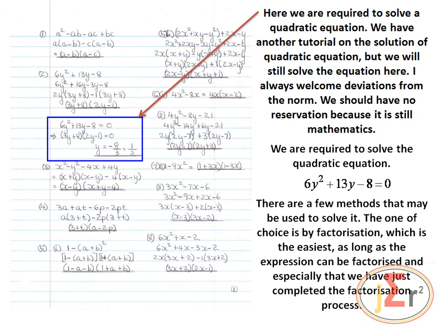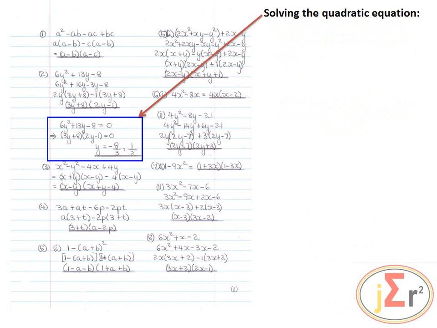The one of choice is by factorization, which is the easiest, as long as the expression can be factorized, and especially that we have just completed the factorization process. Factorization is usually the easiest way to solve a quadratic equation, and it is made a lot easier because we have factorized the expression that is involved in this equation.